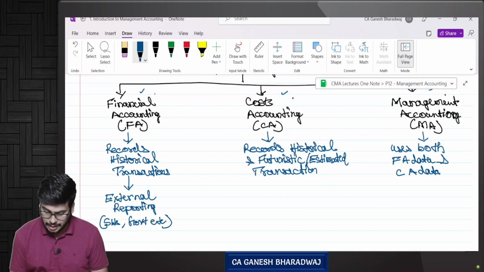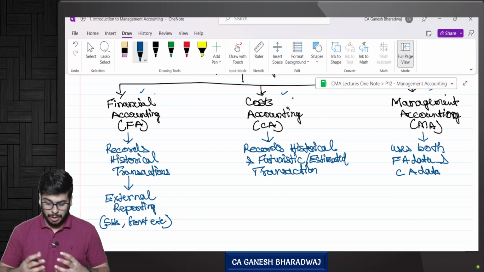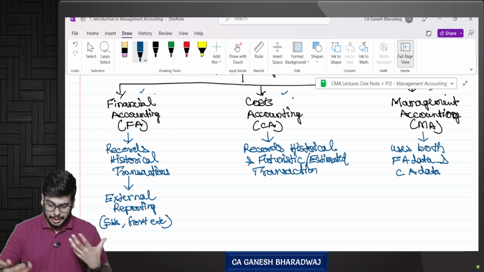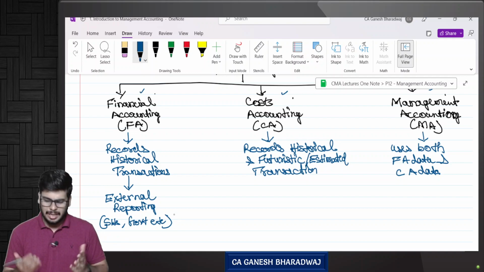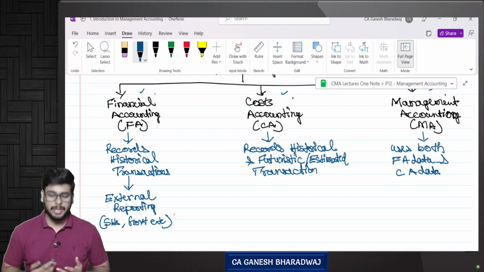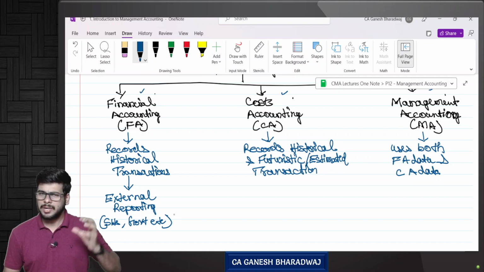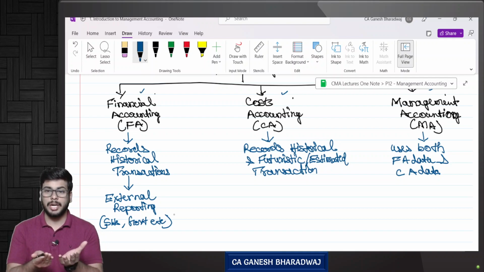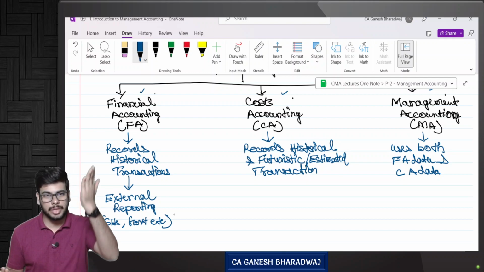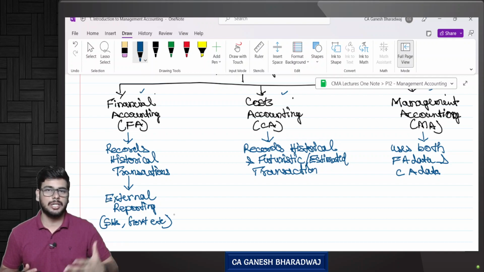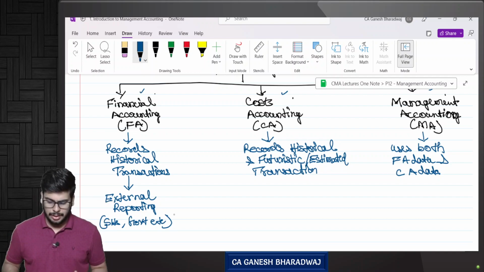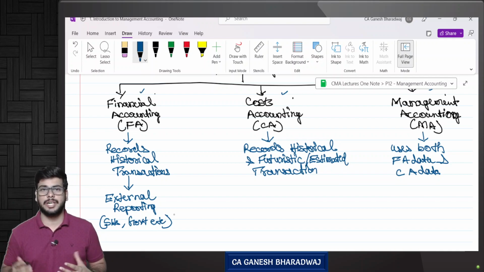So if we are catering to the needs of external people, that is the scope of your financial accounting. So financial accounting's scope is to present the financial statements to the external users of an organization. For example, shareholders need to know whether the company is making profit or not, whether it is worthwhile investing in the company, what is the balance sheet, the financial position of a company as on a date, all these things.